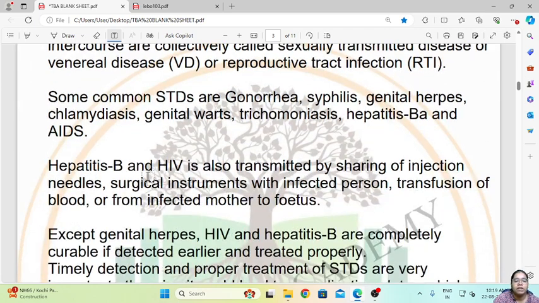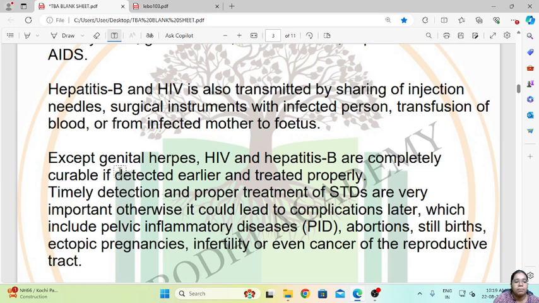Hepatitis B and HIV are also transmitted by sharing infected needles, surgical instruments with an infected person, transfusion of blood, or from infected mother to the fetus. Except genital herpes, HIV and hepatitis B, the others are completely curable if detected early and treated properly.